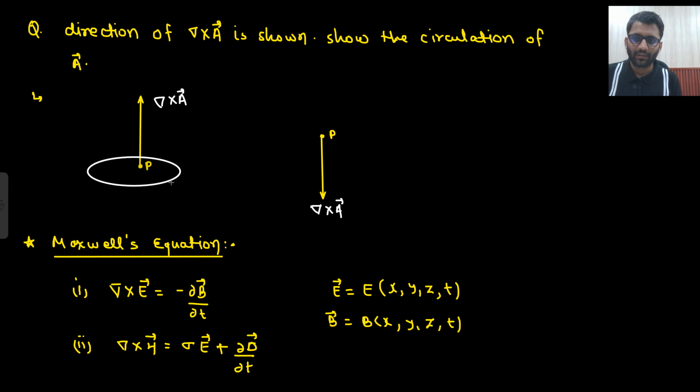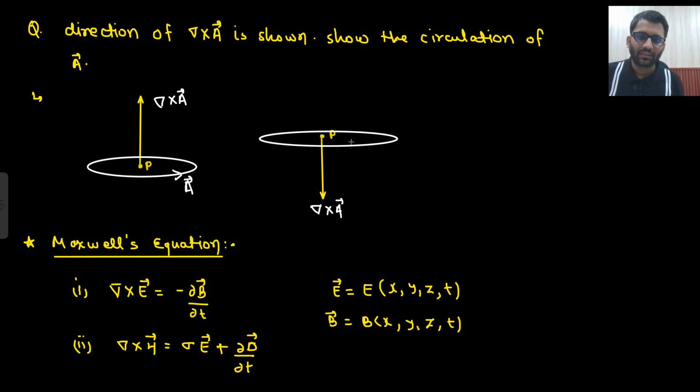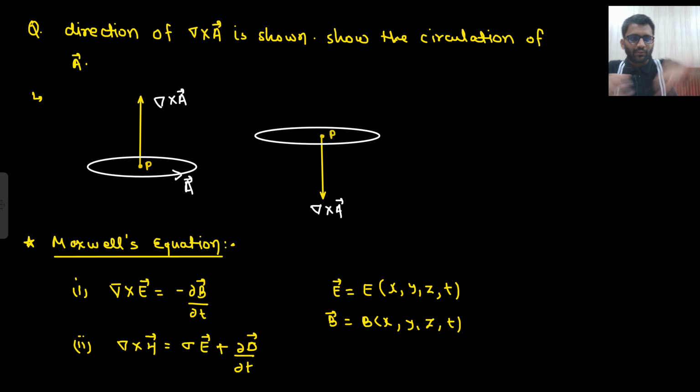Sorry, this will be the direction of A. If A is in this direction, then del cross A is perpendicular. So just the opposite question I am asking, nothing else. And what about this? It needs to point downward. Del cross A is downward, so it has to be clockwise. Right? Clockwise, pointing downward.